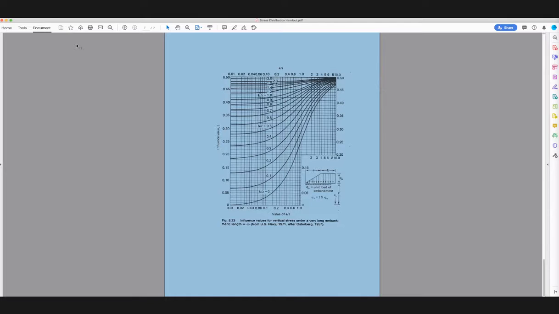Not 3 decimal kind of precision, but probably good enough to work with for design purposes would be my guess. But if it is a critical application and you're placing tunnels or something like this, and you really need to know precisely stress values and so on, you'd take it to another level of bringing in some numerical modeling that would go beyond a chart like this.